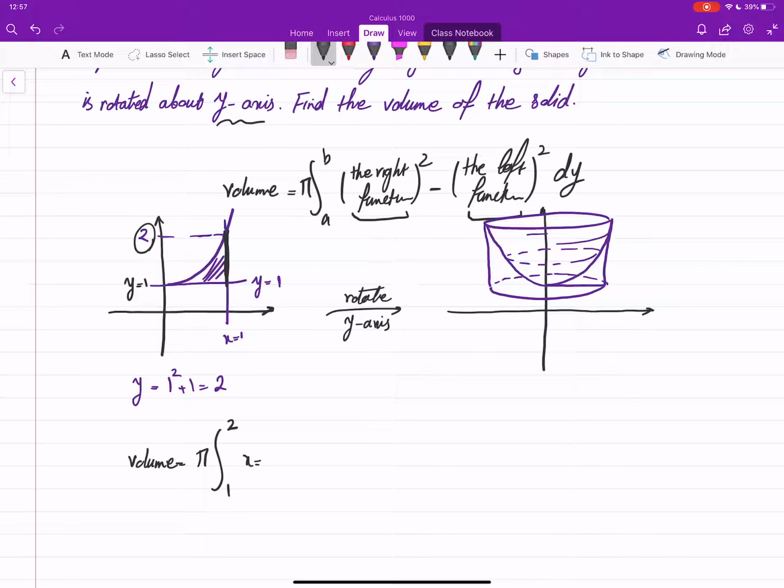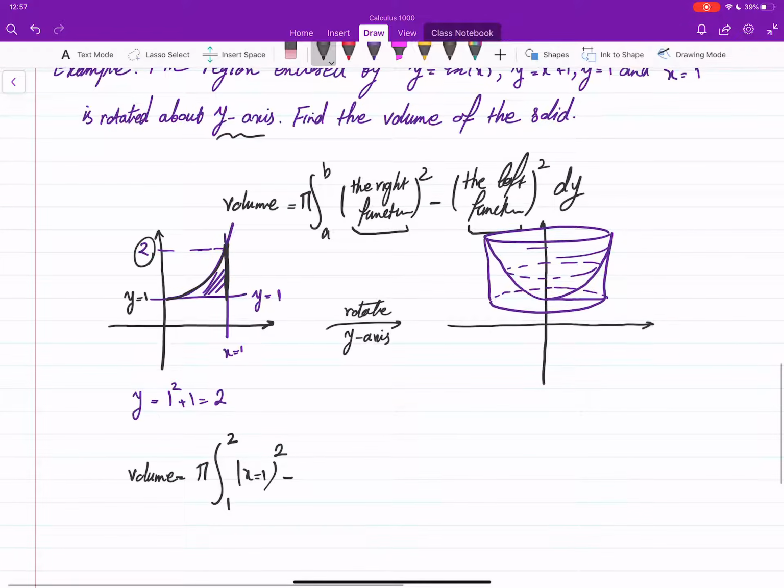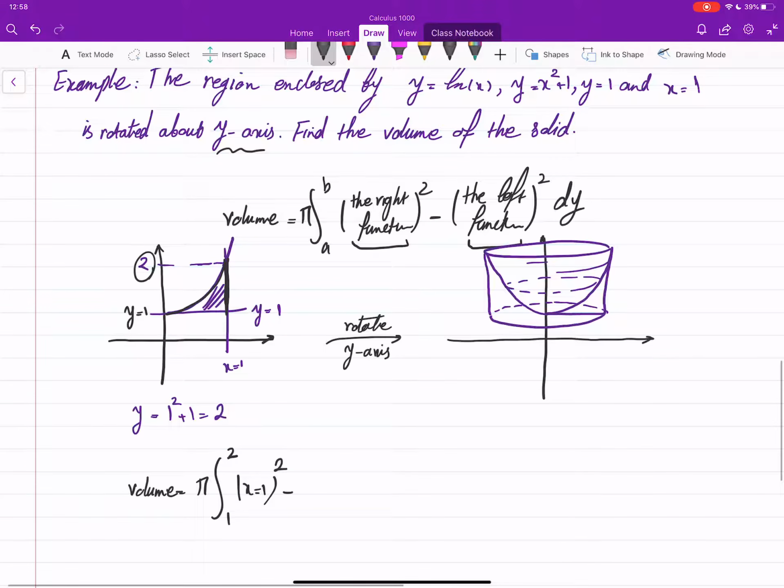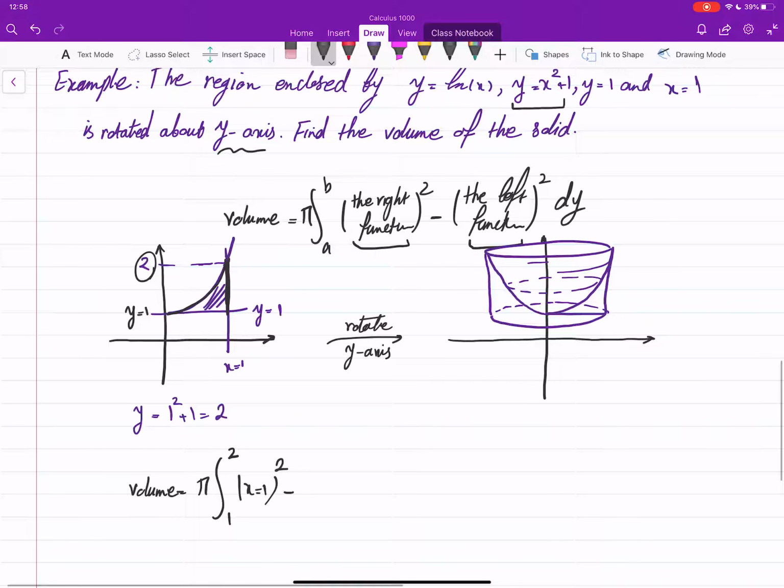Well, let me just write like this. This is not nice to write equal in the integrand. I'm just trying to write the right one minus the left one. So this will be y is equal to x squared plus 1.